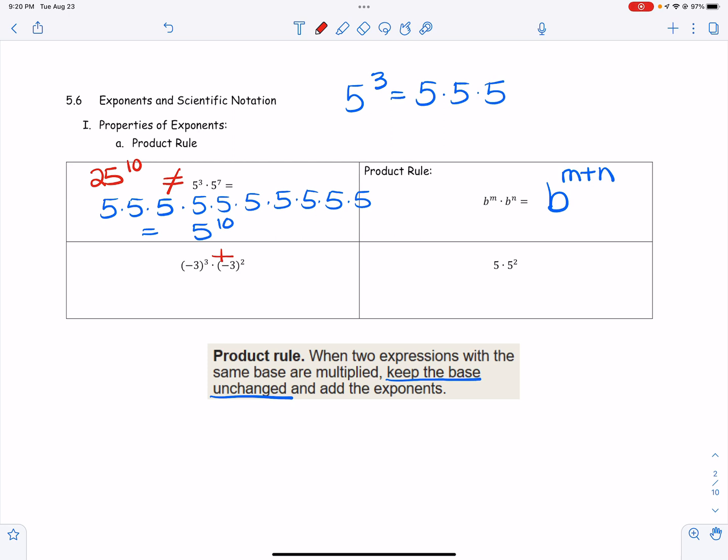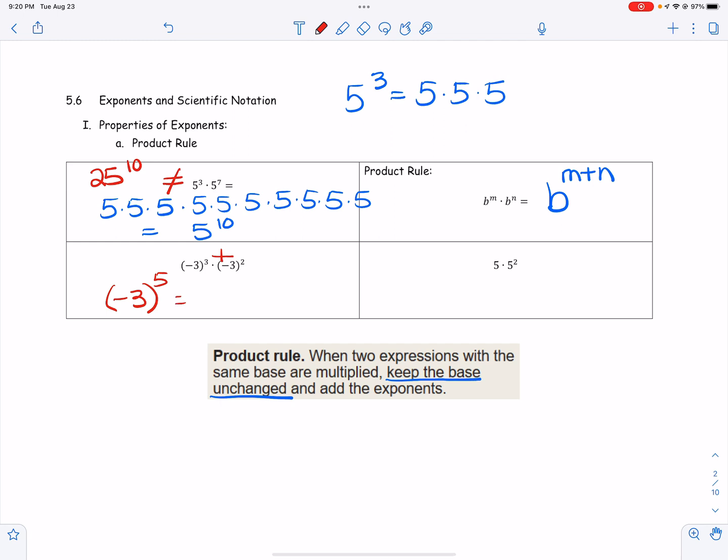So this time my base is in parentheses, so that needs to be written. And then I take 3 plus 2 and I write 5. And then if they ask me to carry that out, then I could do that.